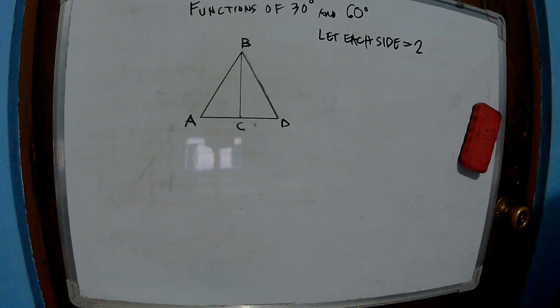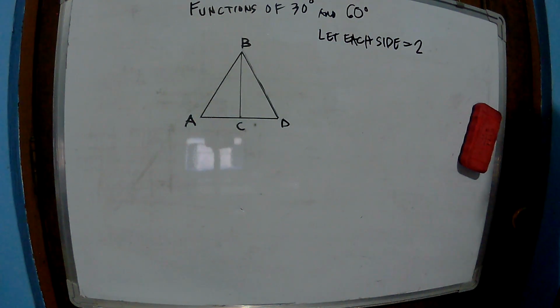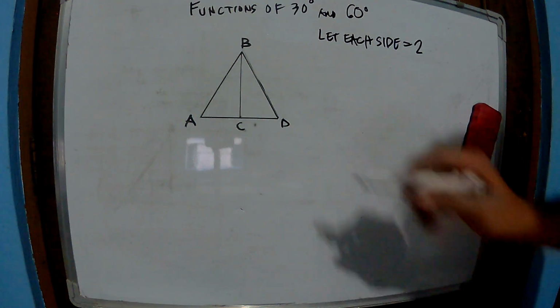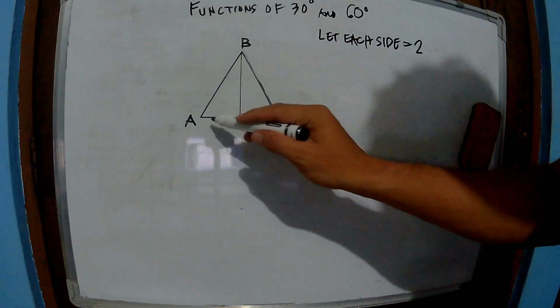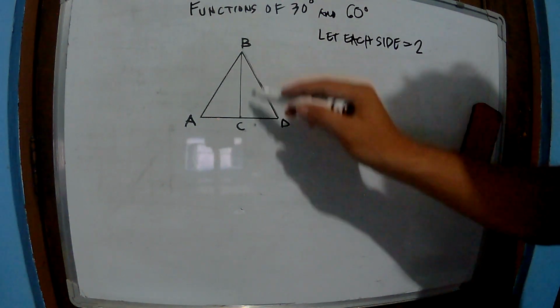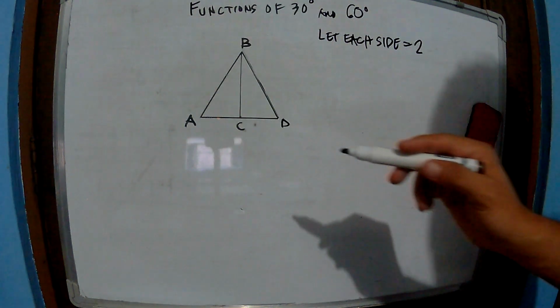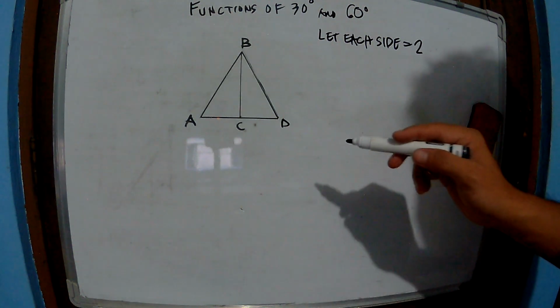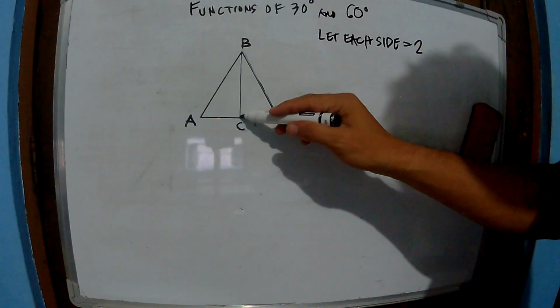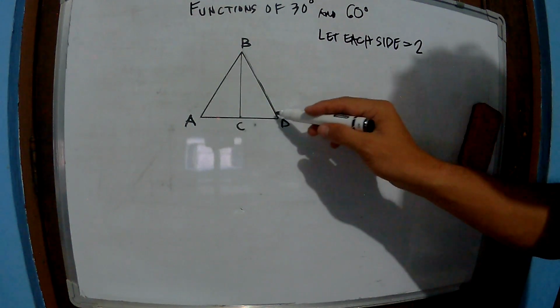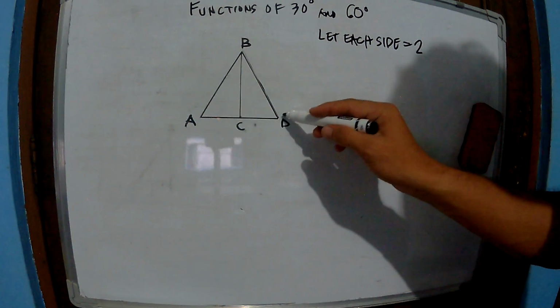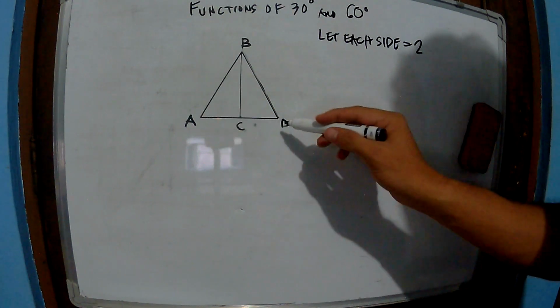And draw a perpendicular line CB, perpendicular to AD.